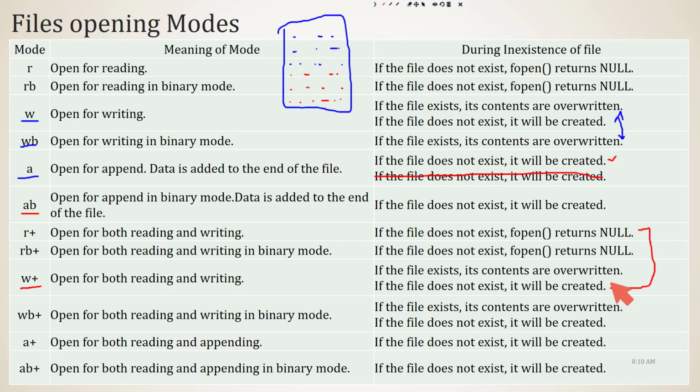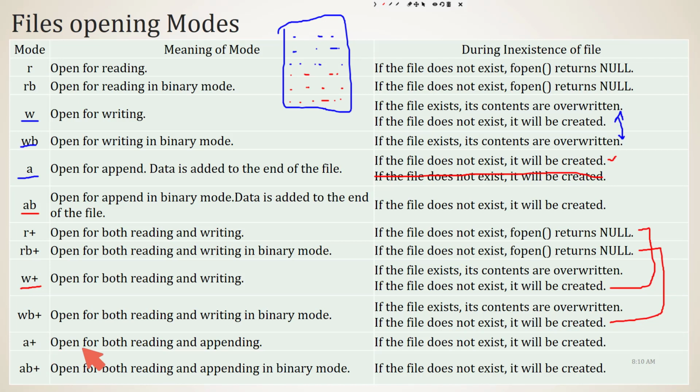Here, because it is opened in W plus, it will be created. Similarly, WB plus is to read and write in binary mode. Here if the file does not exist, it will be created, whereas in RB plus, fopen returns NULL.